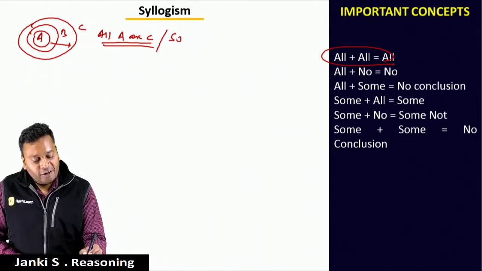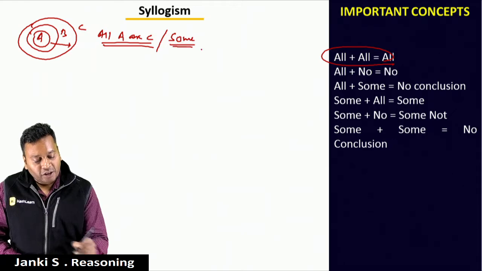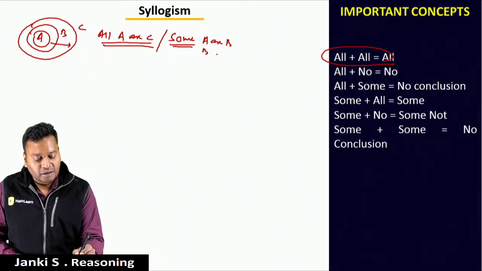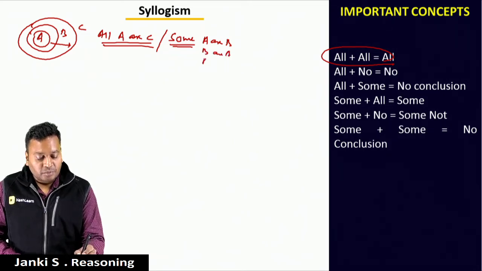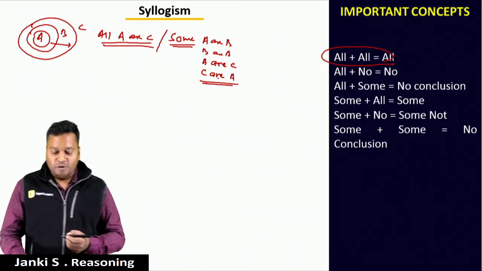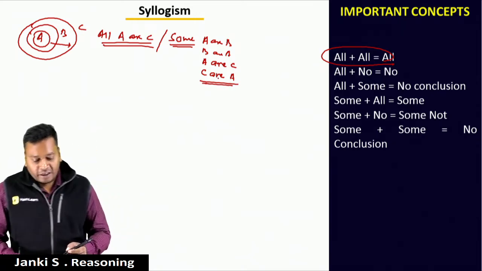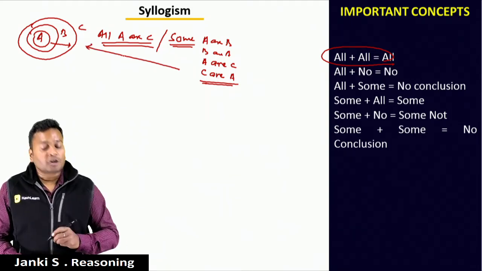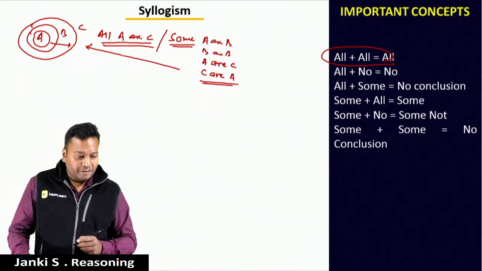So I can take any of the some here: some A are B, some B are A, some A are C, some C are A. Likewise, quite a lot is possible, right? So when I have all combination, I have these conclusions possible. That means I cannot have a negative conclusion.